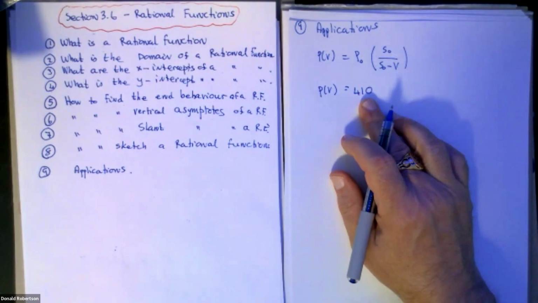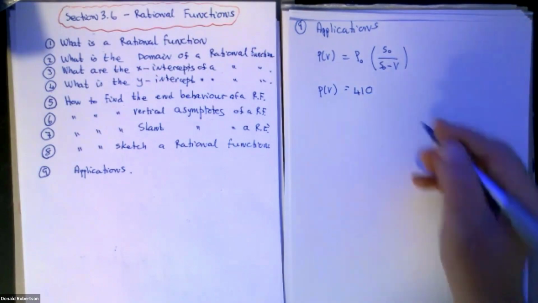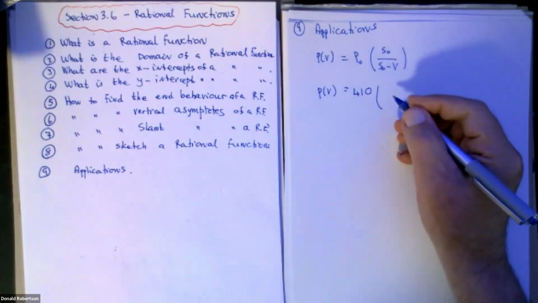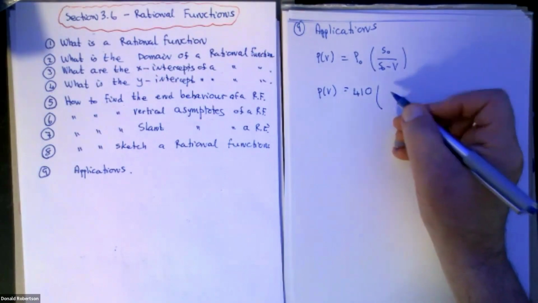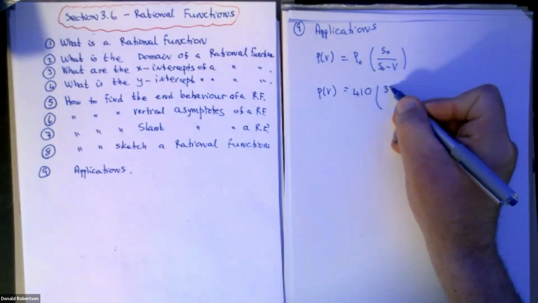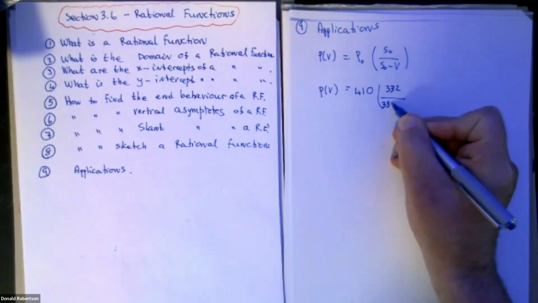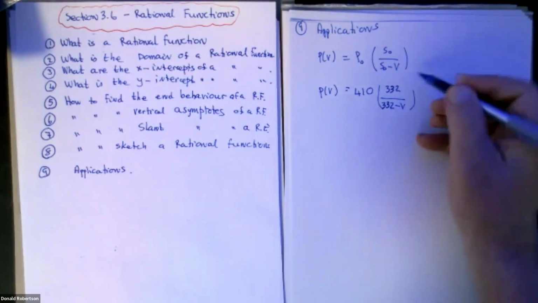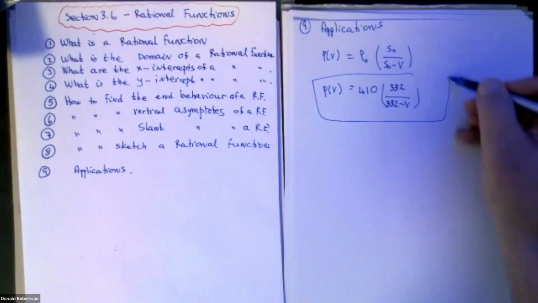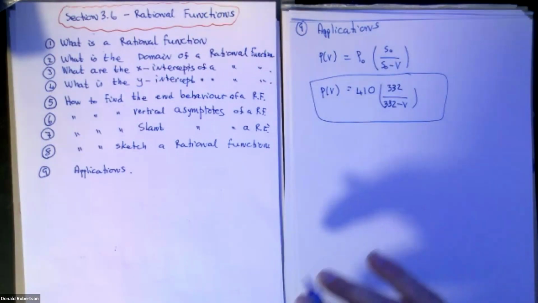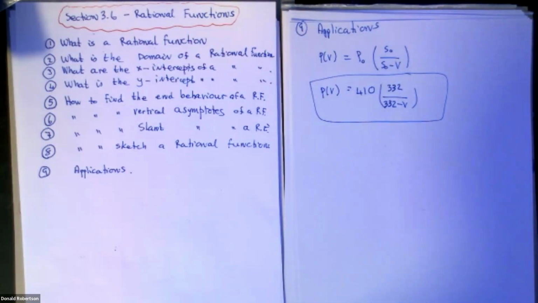If it was a very low one, it might be 200. S naught is the speed, I'm assuming, of the train. They tell me its value is 332, so 332 over 332, again, take away V. So this is the equation that we're going to use for everything else that comes later.